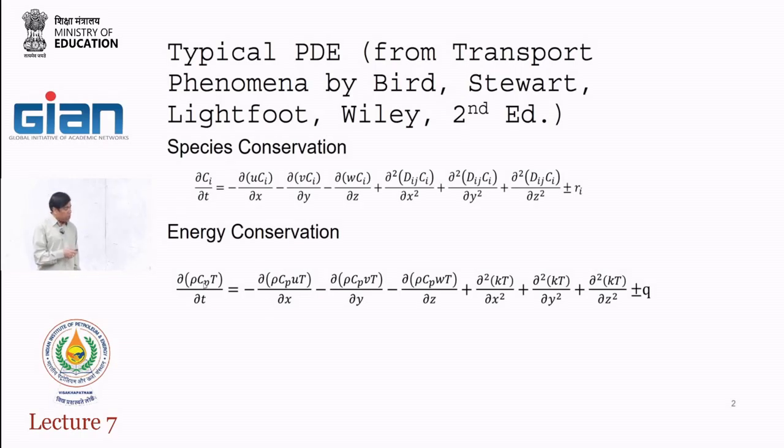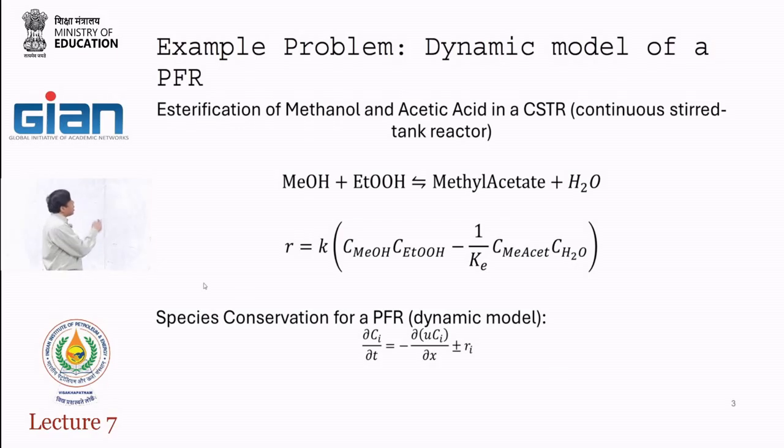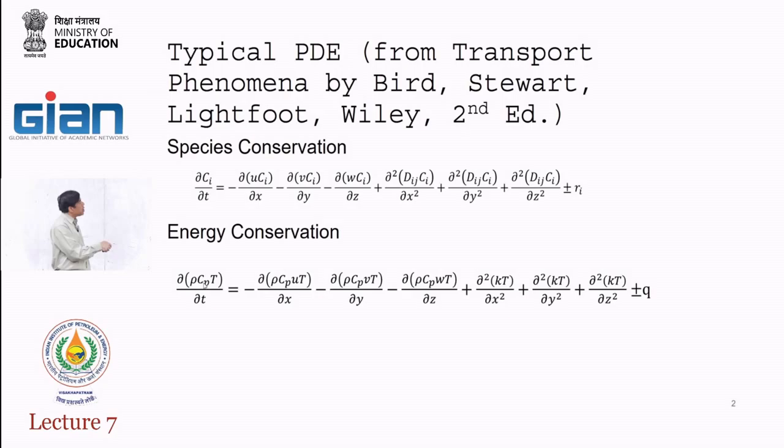Okay, very good. So I will go back to the same problem here. When we try to do a dynamic model for a PFR, you see that here I did not consider this. This is the same equation that I took, but I neglected all these components over here and retained only this term and particularly this term.